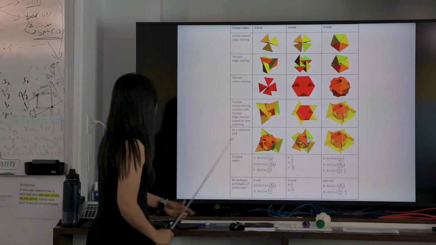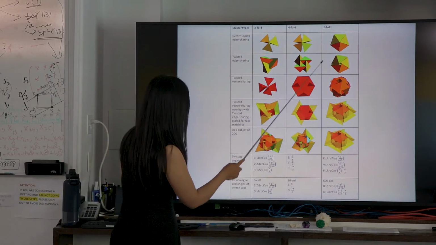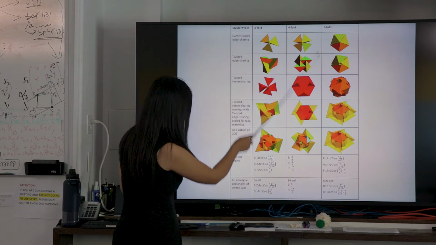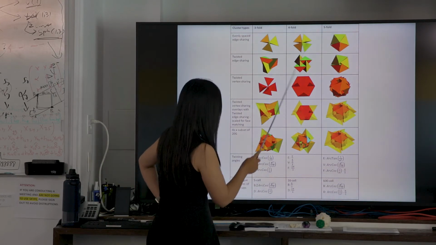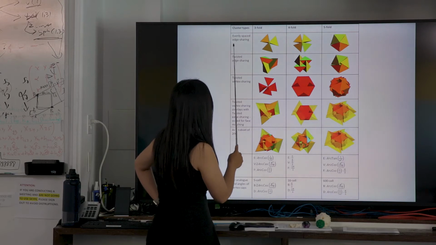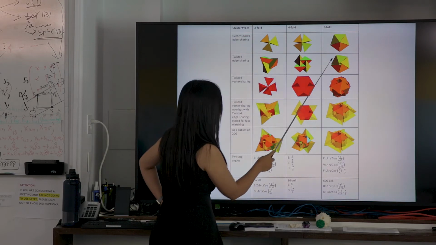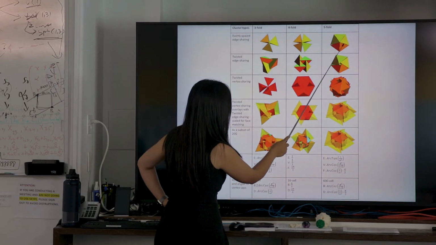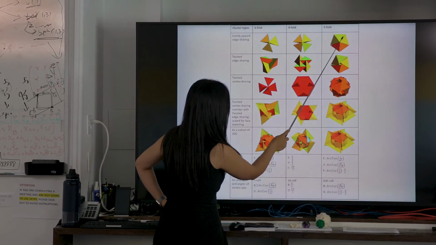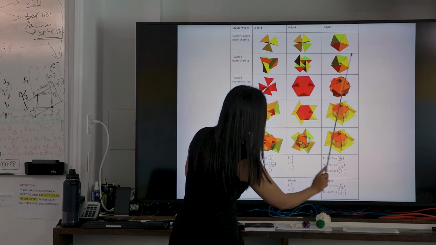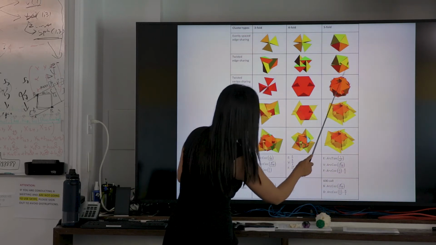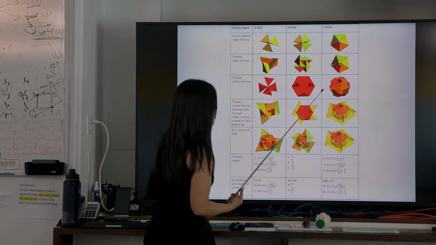Okay, so this is what we have discussed. This is the evenly spaced edge-sharing group. These 5 tetrahedra share one edge, and there are little gaps, so we can just twist each one by this angle to close up this group of 5.